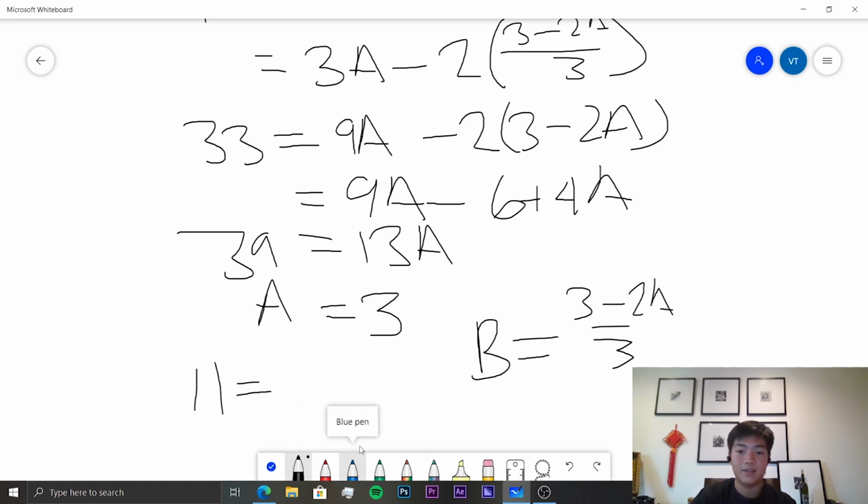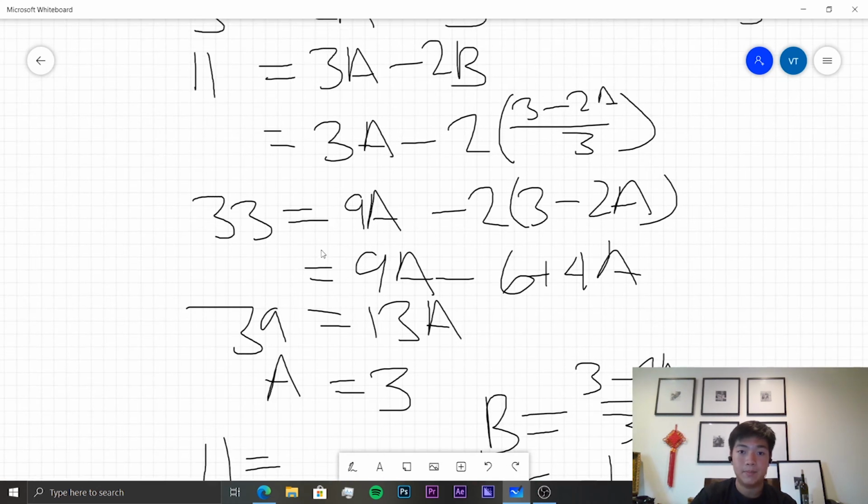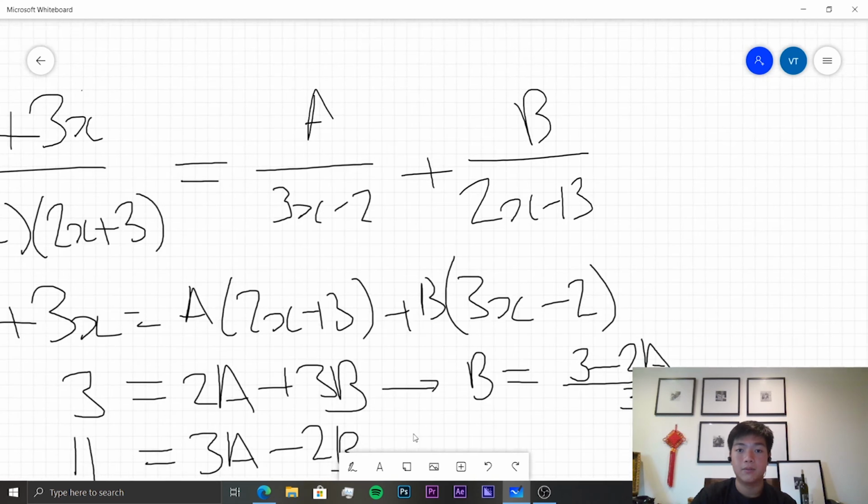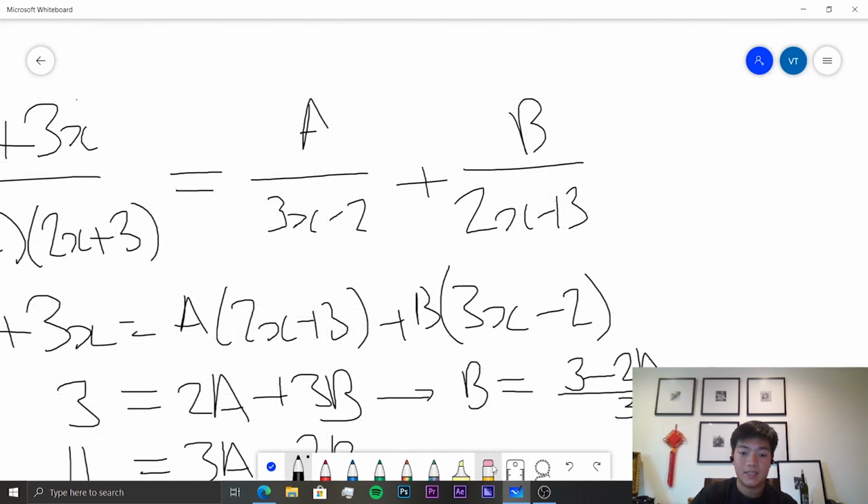Is negative 3 divided by 3. b is negative 1. So therefore, our final answer is 3 over 3x minus 2 minus 1 over 2x plus 3.